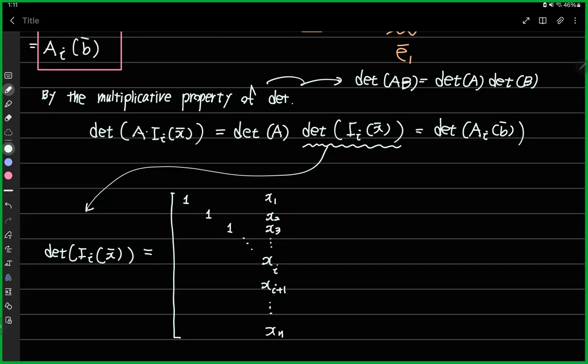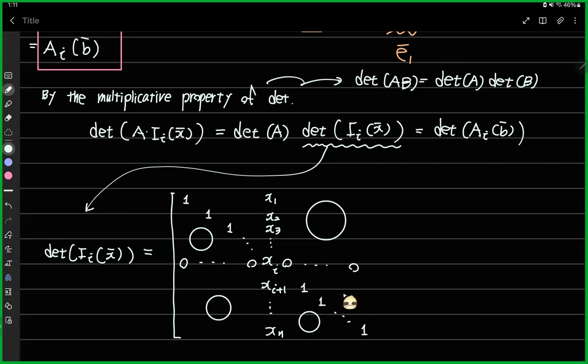And then this is 0 through the 0. And here's all 0, here's all 0, and here's a 0 too. And then here's a 1, and then 1 through the 1. Here's a 0, and here's a 0 too.